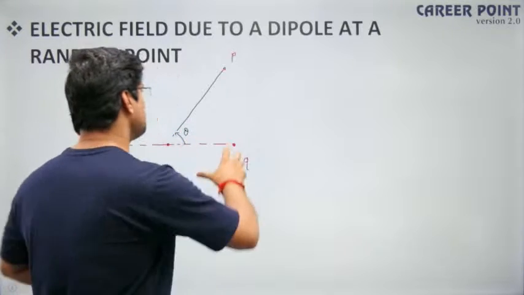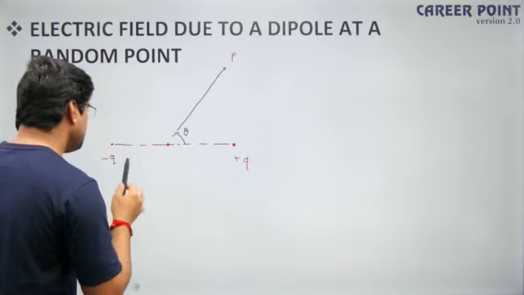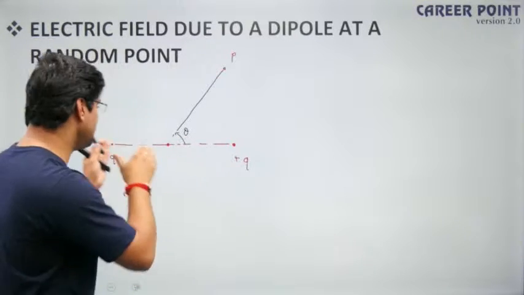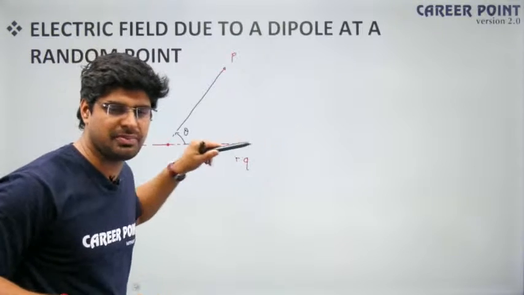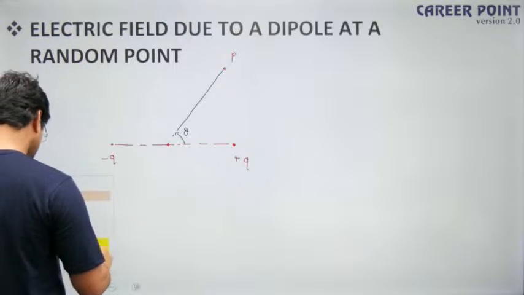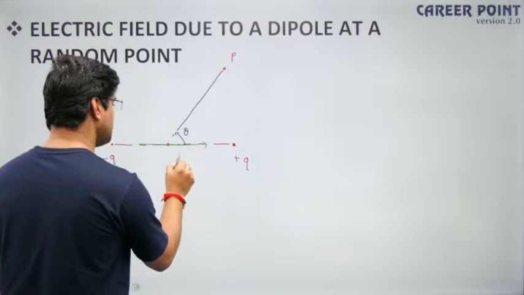Now I have to find electric field due to this dipole at point P. I know the dipole moment for this dipole will be in which direction? Horizontal direction, because I have placed minus q here, plus q here. So along the line of charges there will be a dipole moment from minus q to plus q. From here to here there will be a dipole moment like this.